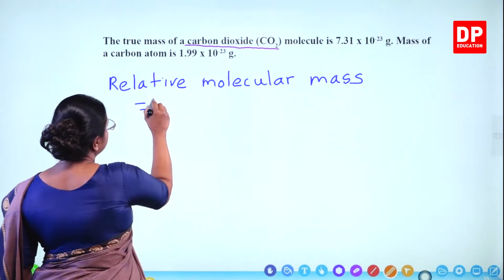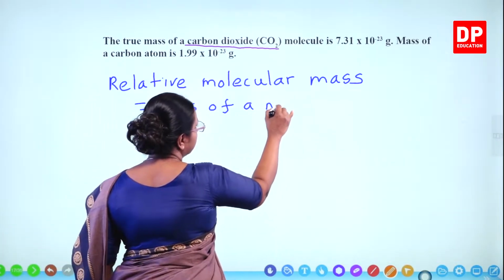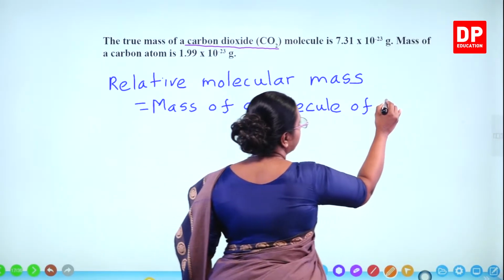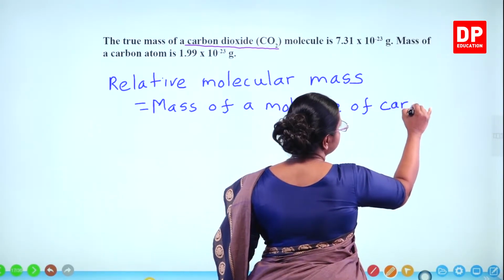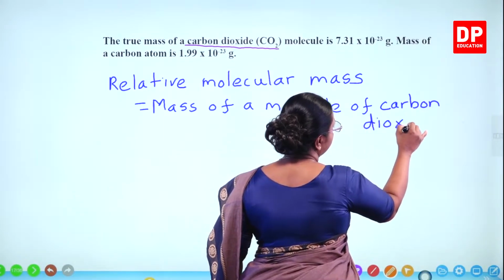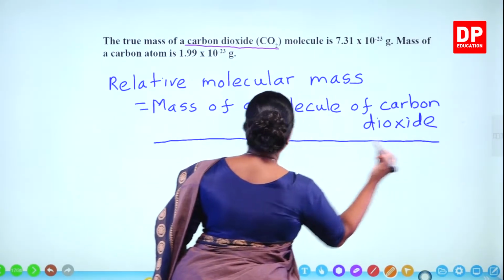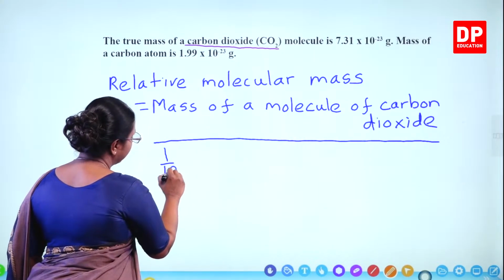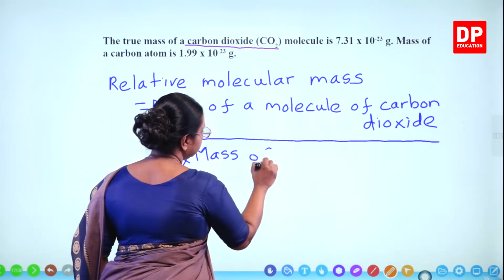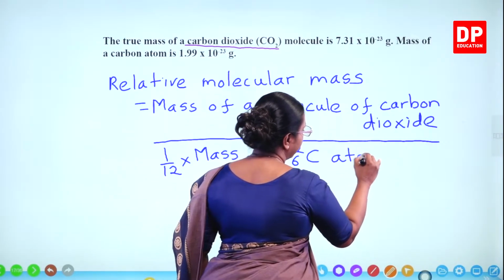So here we can say mass of a molecule of carbon dioxide divided by 1/12 mass of 12,6 carbon atom.